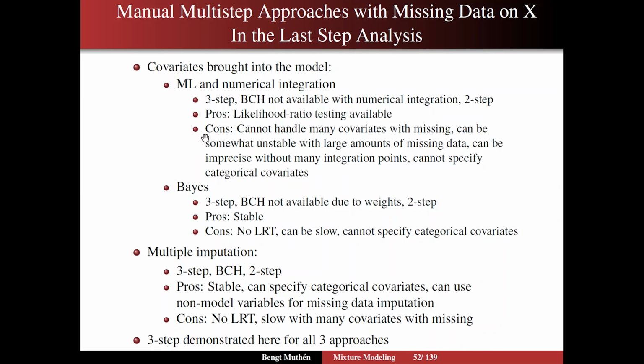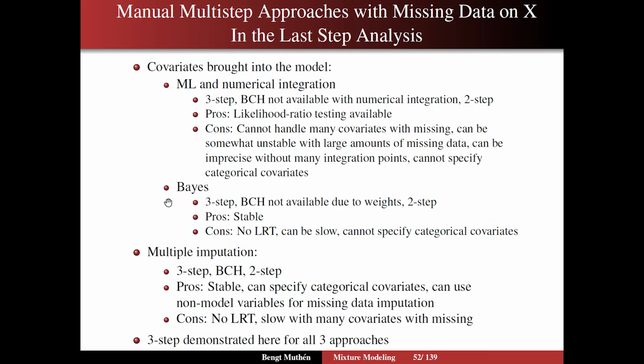The negative part is that you cannot handle many covariates with missing data because the numerical integration gets too heavy. The approach can be somewhat unstable with large amounts of missing data and can be imprecise without adding many integration points. And finally, you cannot specify categorical covariates like the binary X1.